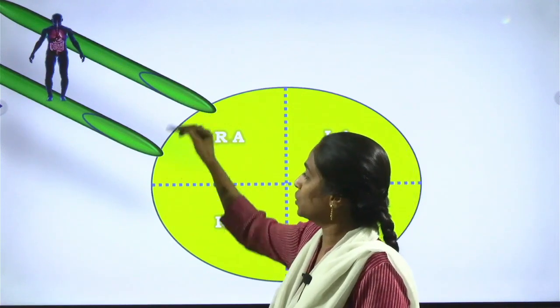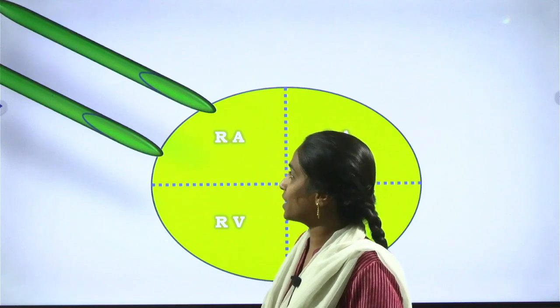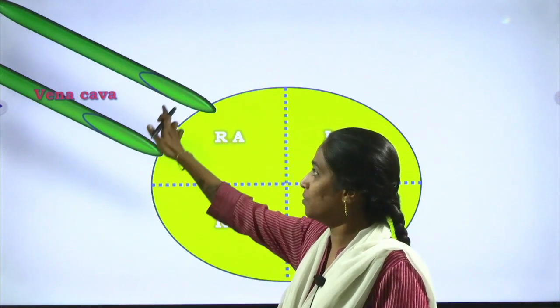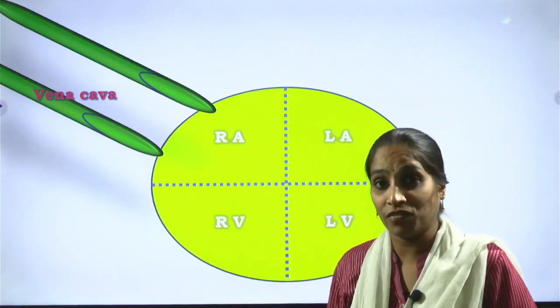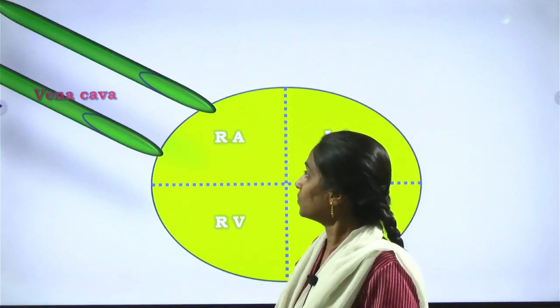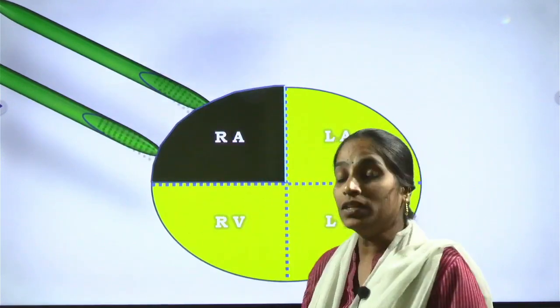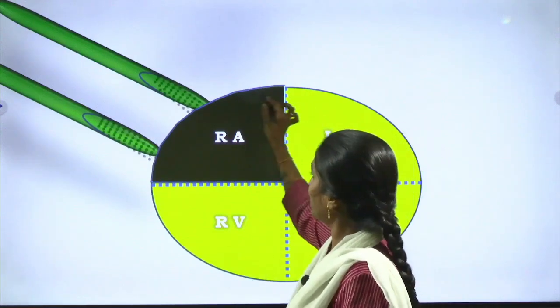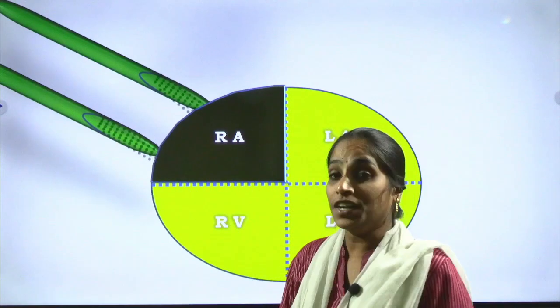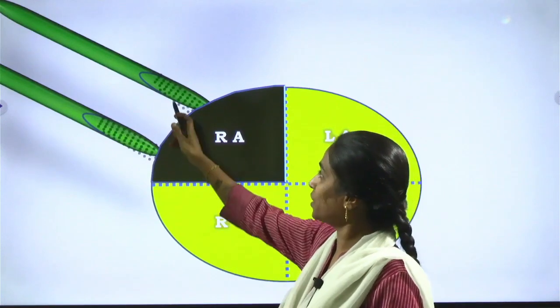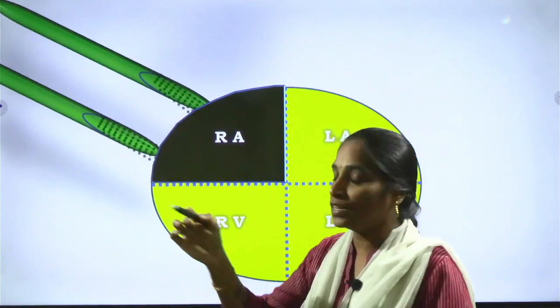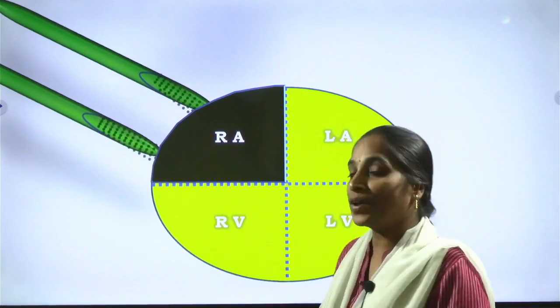So these 2 caval veins carry the deoxygenated blood. Yes, see the blood is pumping into the right auricle. This black color indicates deoxygenated blood, and the dotted marks also indicate that the blood is moving into the right auricle.